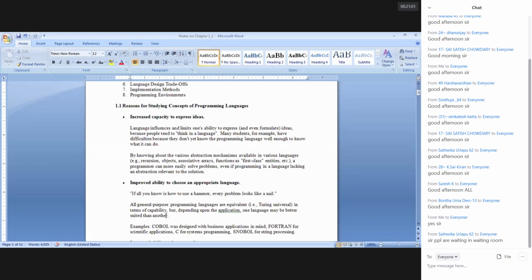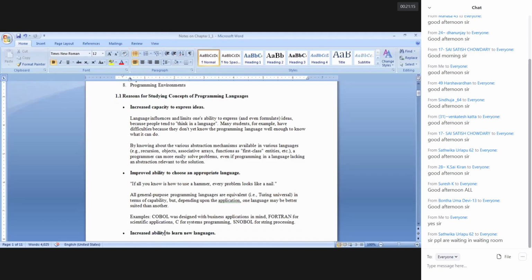See, if the application is required for business, and you choose C language, then it is not suitable. If your application is system programming related, and your choice of programming language is one more suitable for business applications, then it is your wrong choice, right?